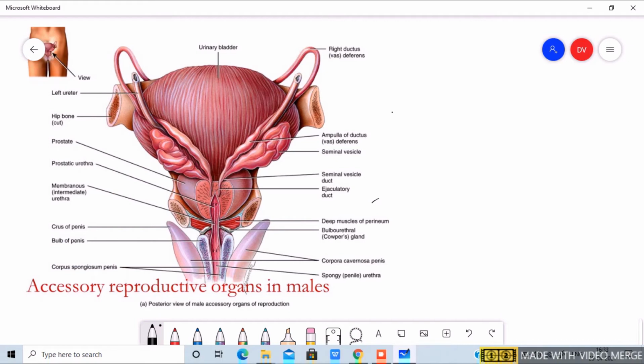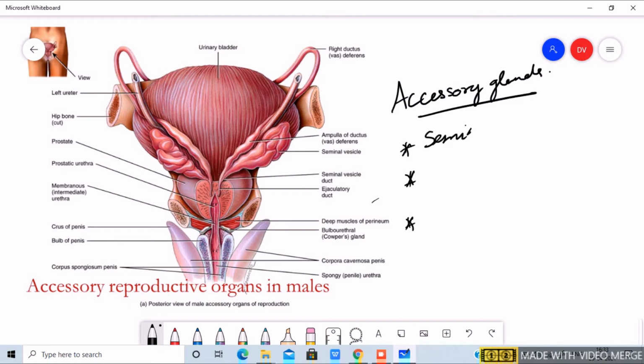Now what about the accessory glands associated with them? What are the glands now? There are 3 glands which play a very major role. We call them the seminal vesicles. This picture is basically to show you all the glands involved.